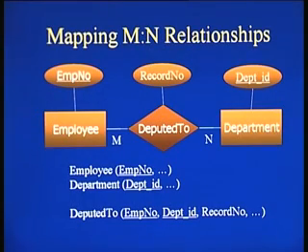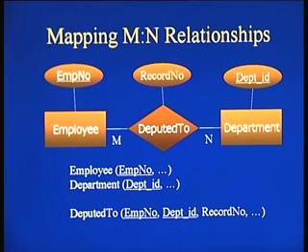There are three different relations that are formed. One is the employee relation, that is one of the entity types of this relationship type. So the employee relation is formed with employee number as the primary key, and all the other attributes that form the employee entity type. Similarly, a department relation is formed with department ID as the primary key and all other attributes, and then a separate relation is created for the relationship type itself.